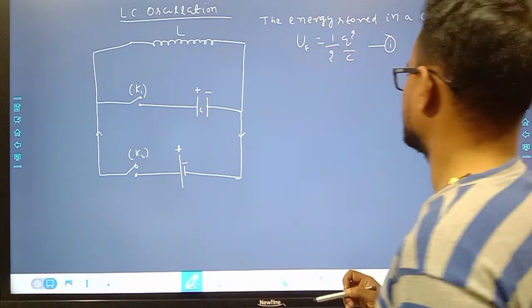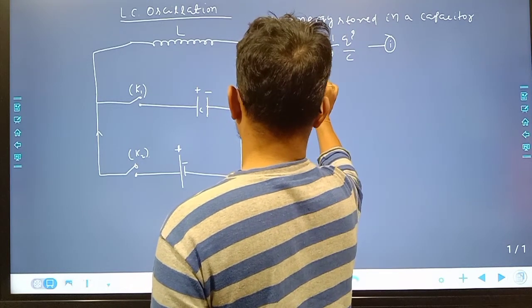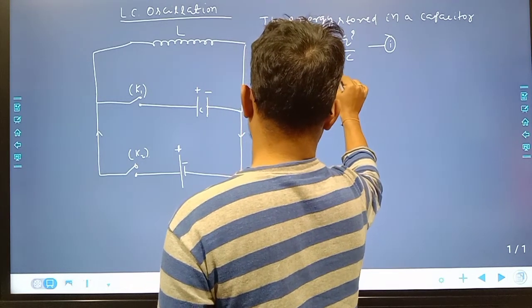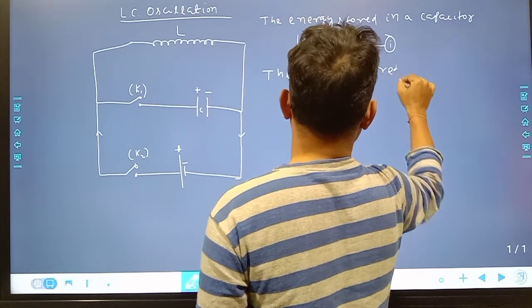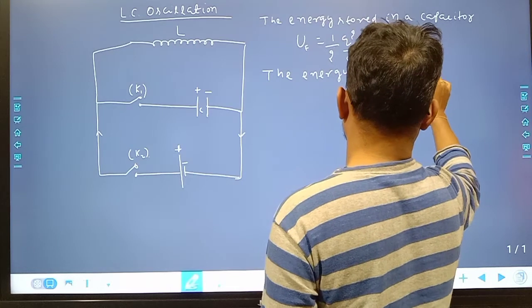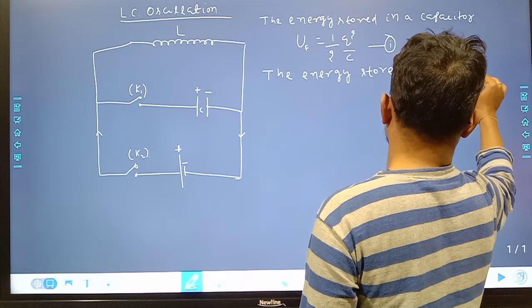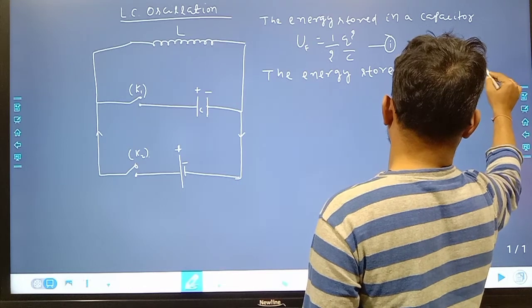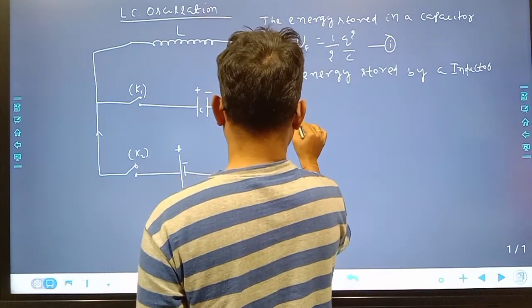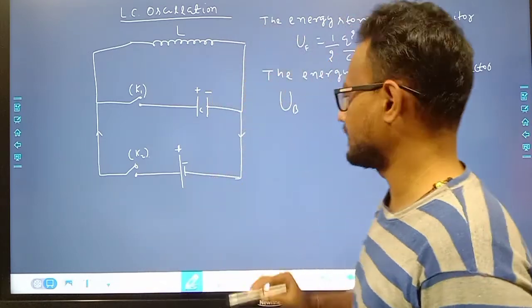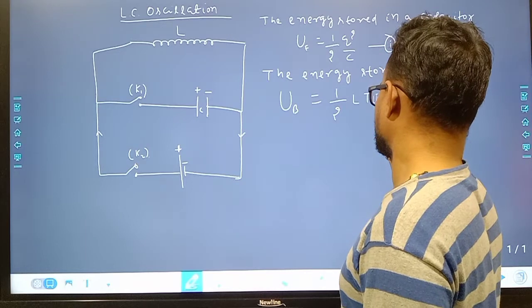Clear? Similarly, the energy stored by an inductor is given by UB, in the form of magnetic energy, half L i square.